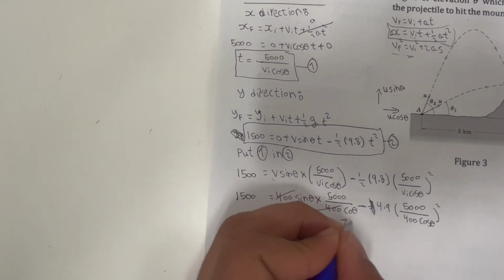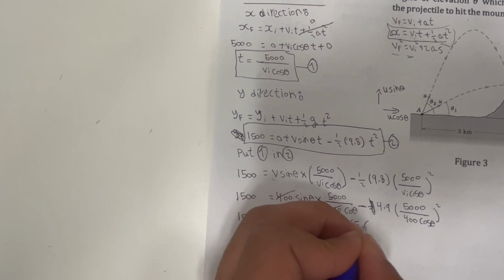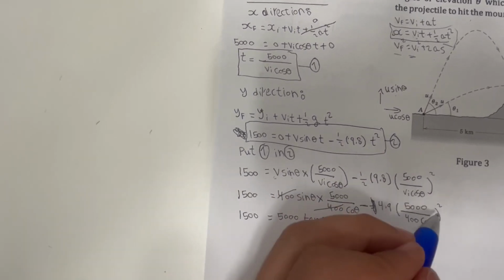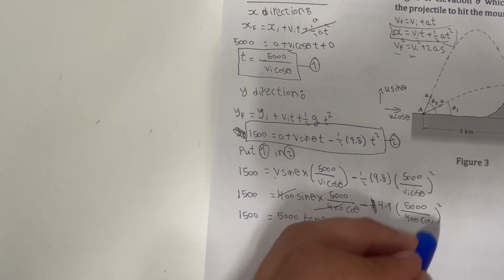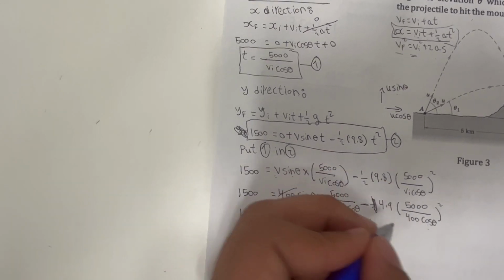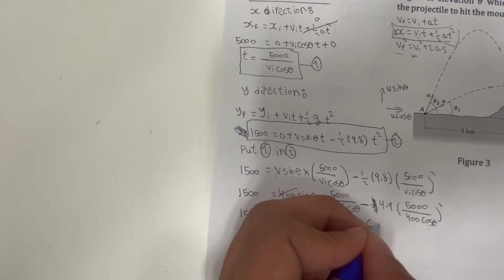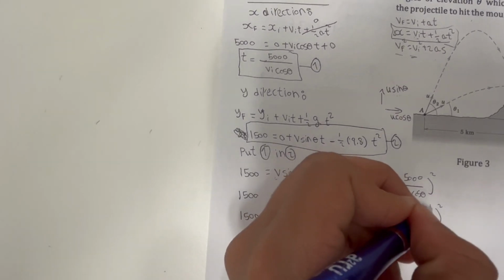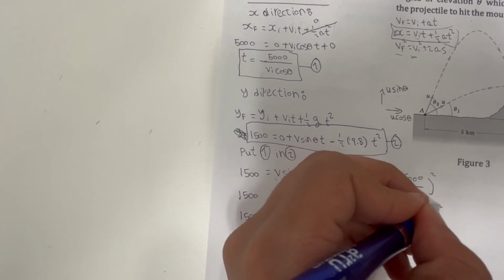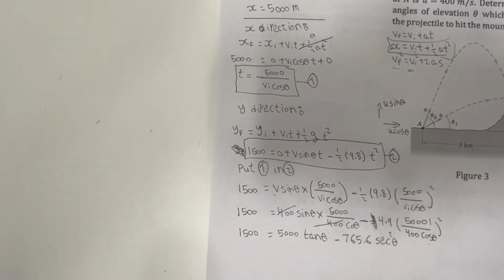I get 765.6, and here 1 over cosine squared, we can make it cosecant squared, right? Sec squared, my bad. Sec squared theta, right? 1 over cosine, and that's all squared, so it will be sec squared.